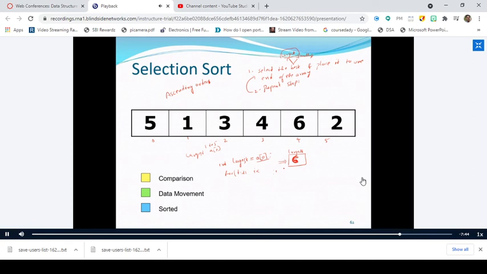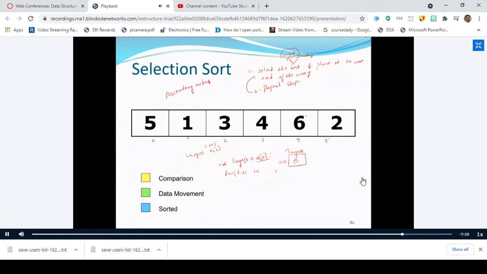Now what is the value that is present inside this largest? 6, sir. Right. Now compare 6 with the next element 2. Again you have the largest element as 6. So once you traverse through the array, whatever you find in the largest, that will be the largest. So what is the largest element that is found here? 6.